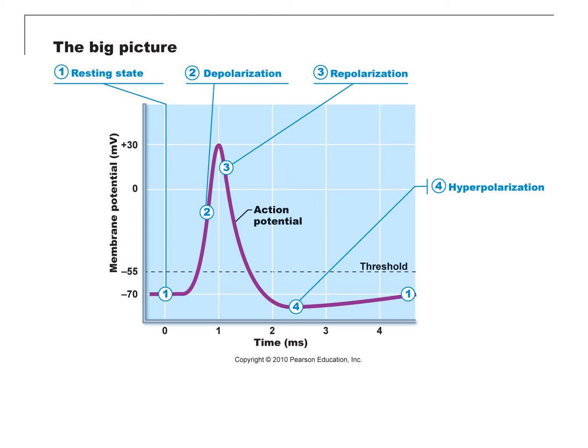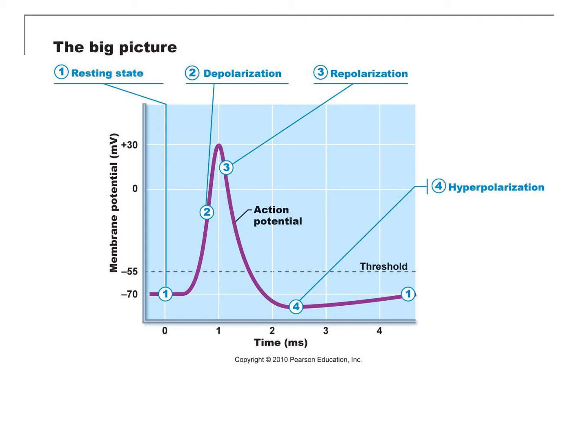When you hit positive 30, those sodium channels will close, and so there's no more sodium moving at all. At this same point, potassium channels will open. Now when potassium channels open, then potassium will go down its electrochemical gradient, moving from inside to outside.